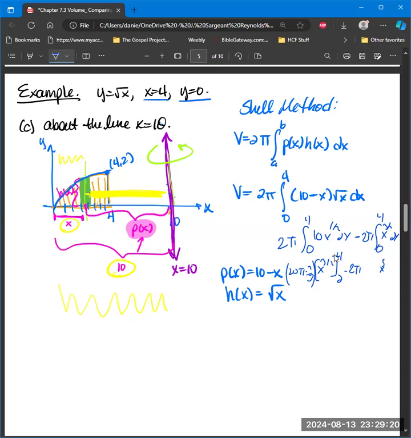This is going to be x to the 5/2 times 2/5, and then that gets evaluated from 0 to 4. So this is 40 pi over 3 times 4 to the 3/2 minus 0 to the 3/2, minus 4 pi over 5.